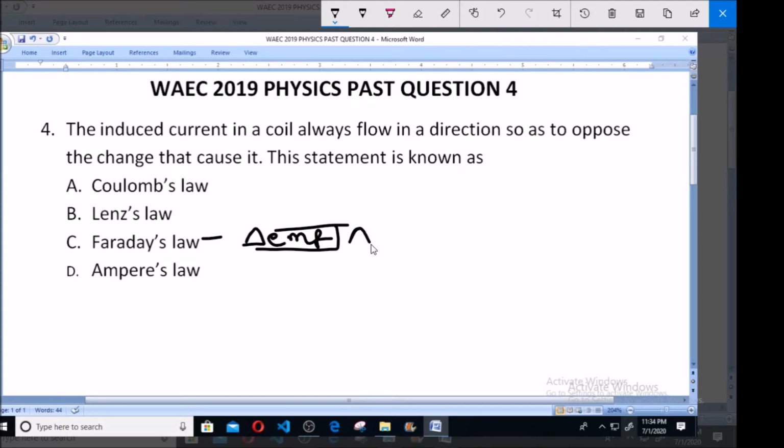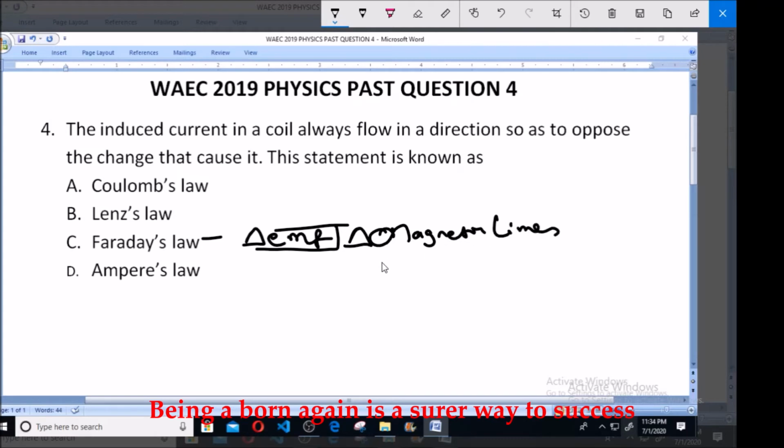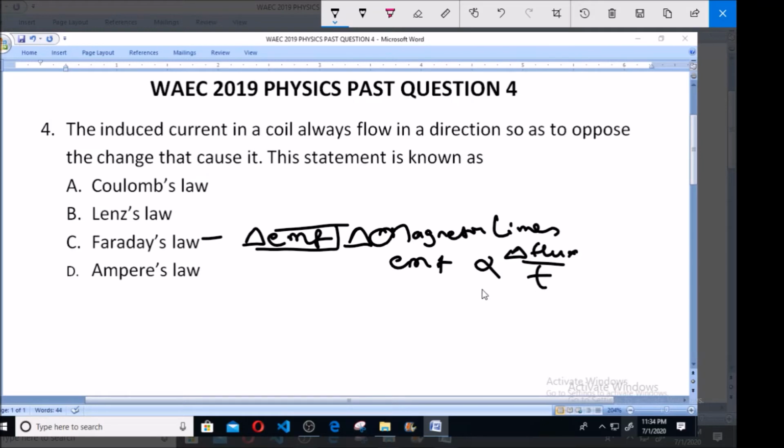Whenever there is a change in magnetic lines, there is what we call EMF produced, and the strength of this induced EMF is proportional to the rate of change of the flux. So that is Faraday's law.